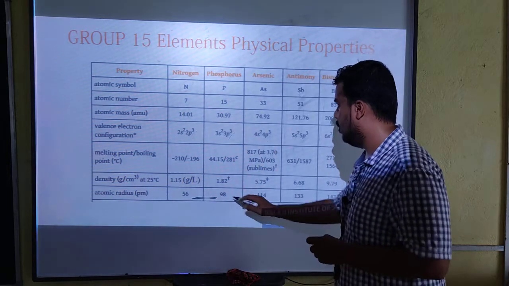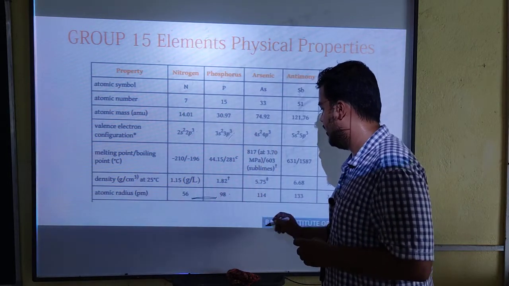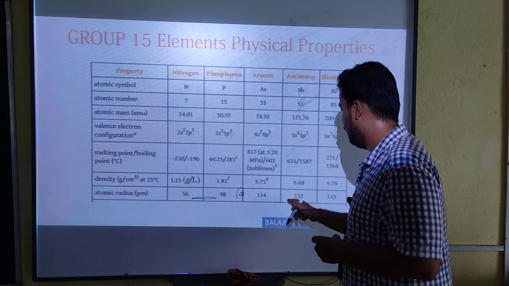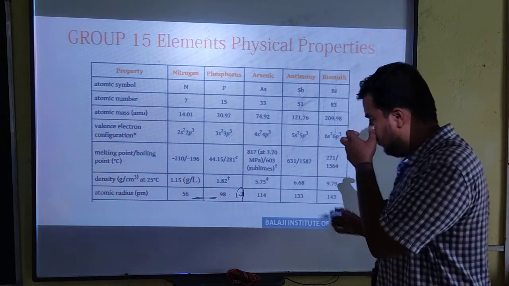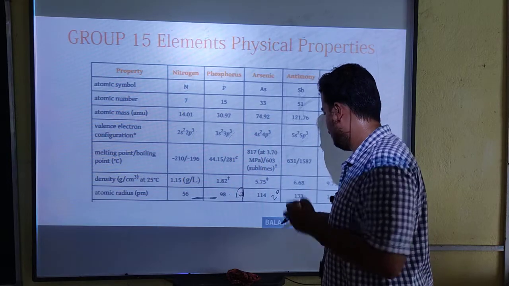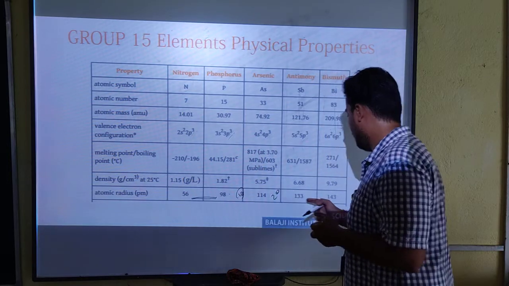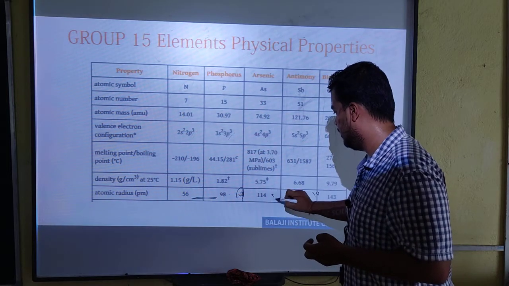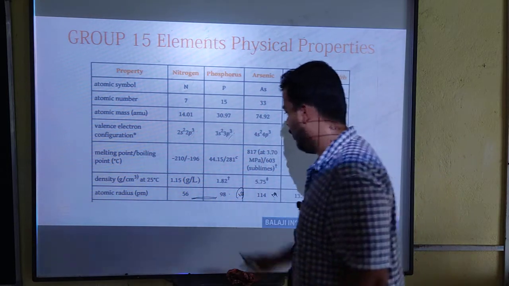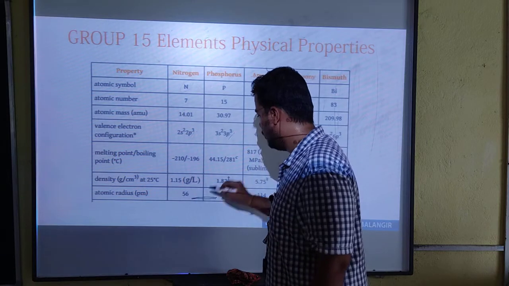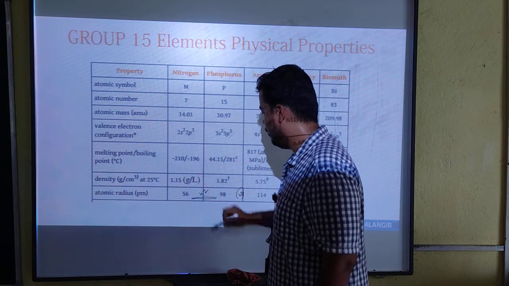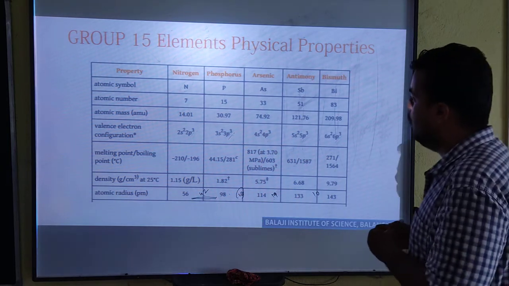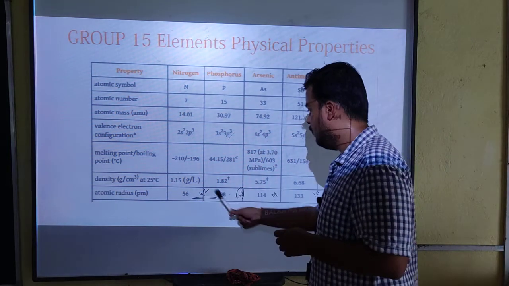There is a growth from phosphorus to arsenic also, but it is very less. It is around 16. From 114 to 133, it is almost around 20. From 133 to 143, it is almost around 10, or you can say this is 19. But from 56 to 98, it is almost around 42. So there is a significant growth in the atomic radius when we are going from nitrogen to phosphorus.